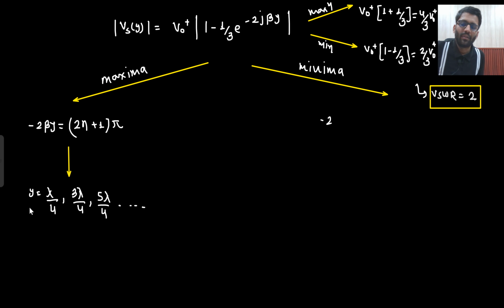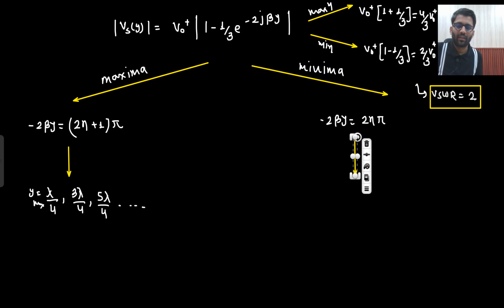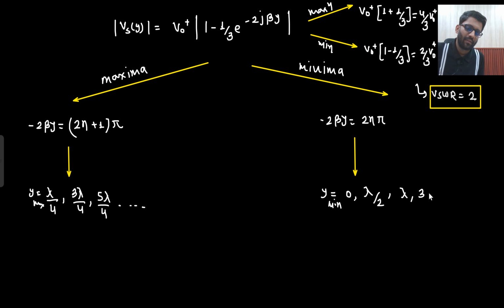This is your maxima. And for minima, it should be equal to 2 pi. So what is the value of y you will be getting? From 0 you will start getting y minima: 0, lambda by 2, lambda, 3 lambda by 2, and so on. Is that clear to you?